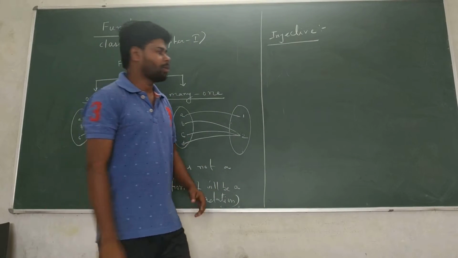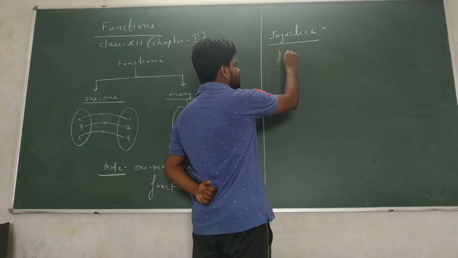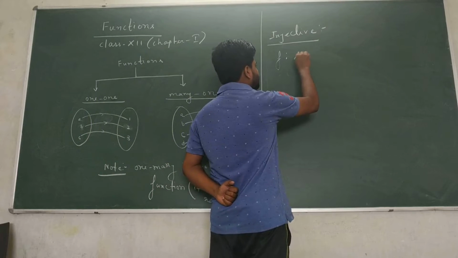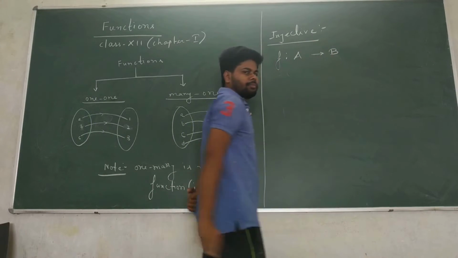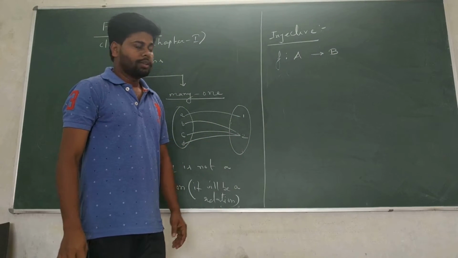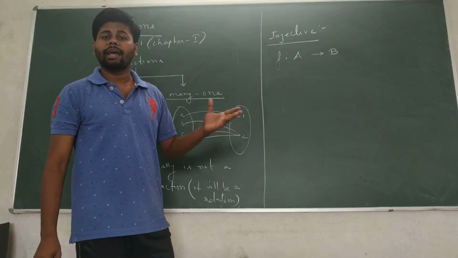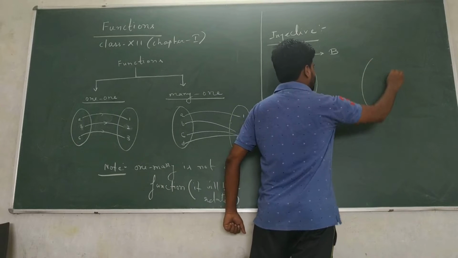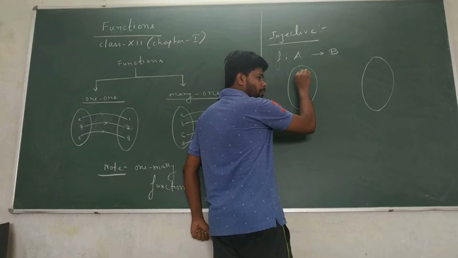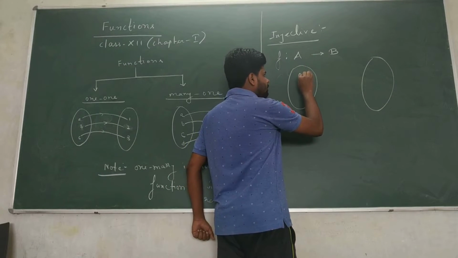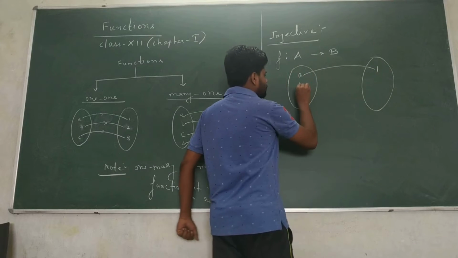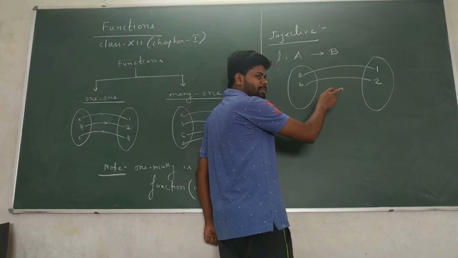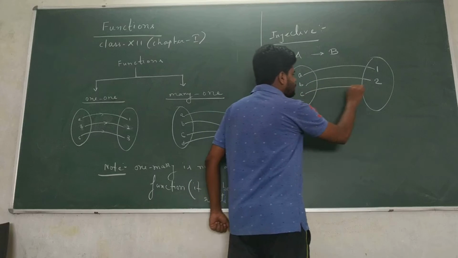Injective means, if we have a function f from a set A to a set B, when will we call this function injective? When any one element of this set will go to a single image, a unique image in the set B.